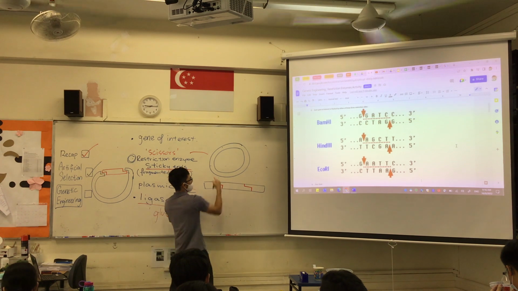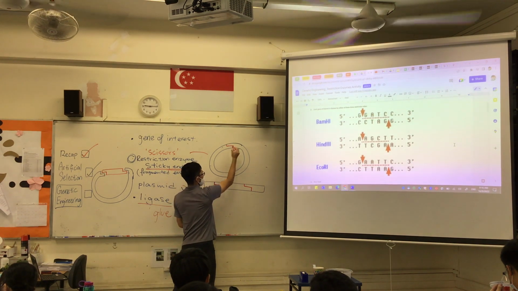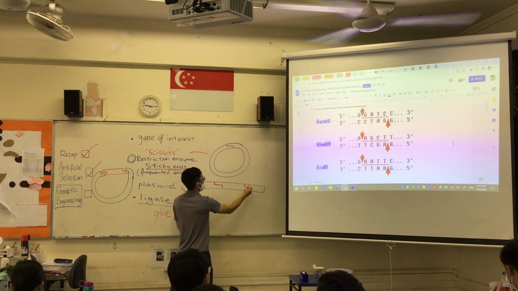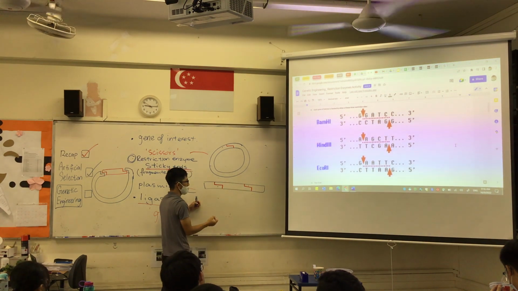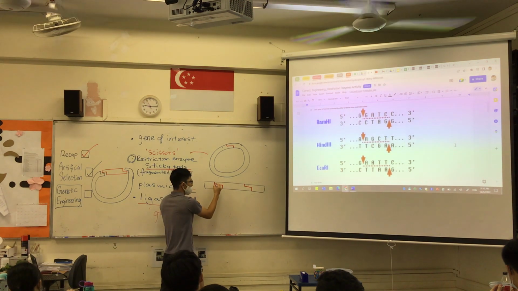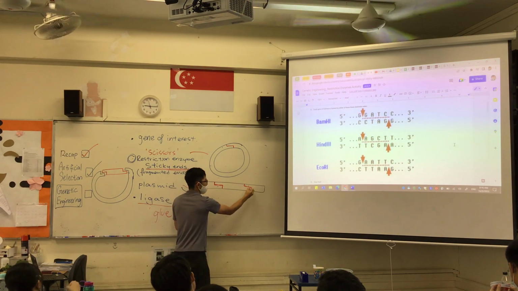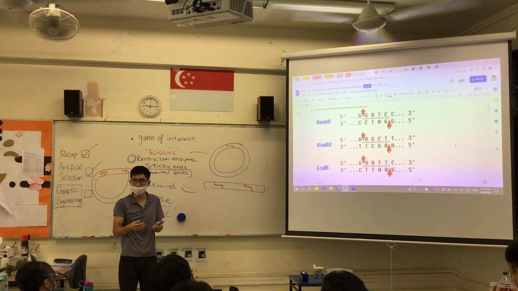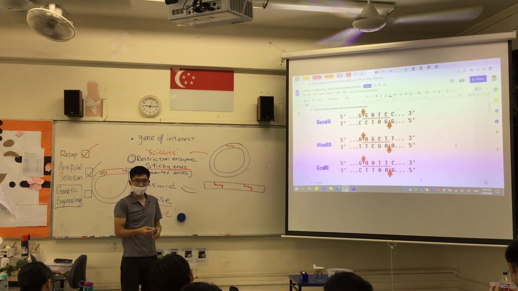Number two, you have to decide where you want to cut also, such that you can combine these ends to these ends over here. But the trick, the difficulty, is that whatever sequence is over here and here needs to be complementary to whatever you cut here. If not, they cannot join to each other. Okay?